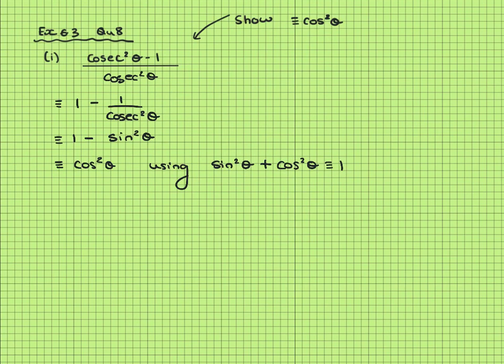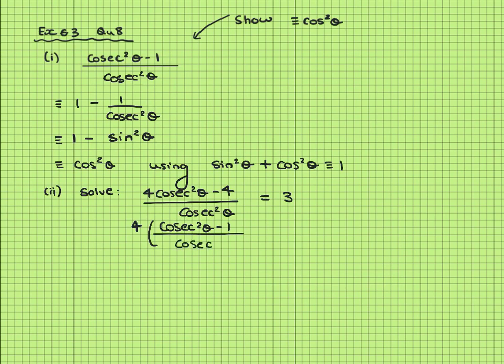Now, the question then asks us to do the following. It then says to us, hence solve for cosec squared theta minus 4 over cosec squared theta equals 3. So on the left-hand side, we've clearly got 4 bracket cosec squared theta minus 1 over cosec squared theta equals 3.